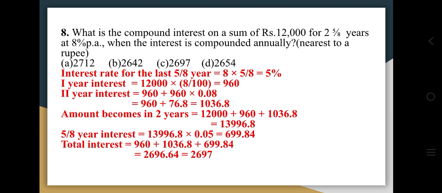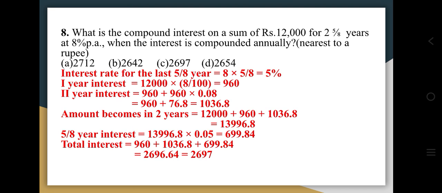We have to calculate at 5%. So 5% interest we have to calculate for what? By the nature of compound interest, for the third year, the interest is the interest for the amount accumulated at the end of second year.